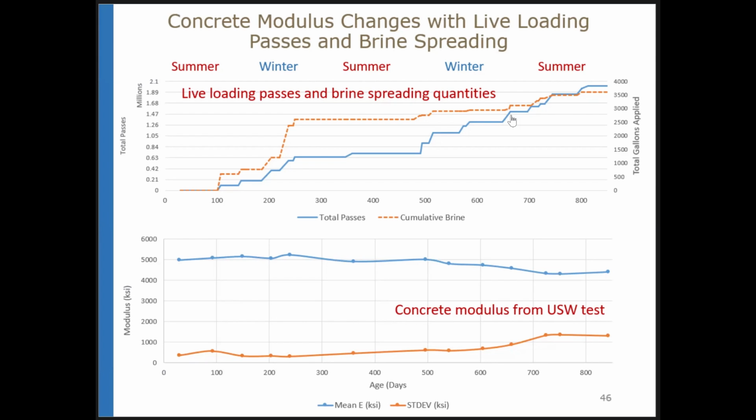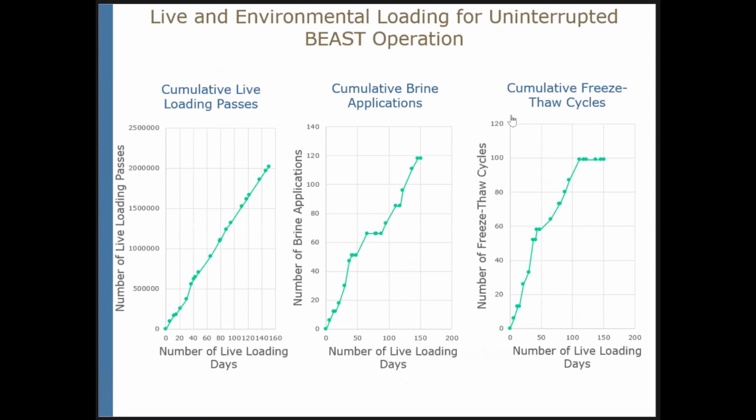So if we would eliminate all of those interruptions and present data like we had uninterrupted operation of BEAST facility, everything what we have achieved actually was achieved during 151 days. And something what I would describe based on what we have seen on actual testing of bridges is definitely more equivalent to 10 years of actual bridge life.